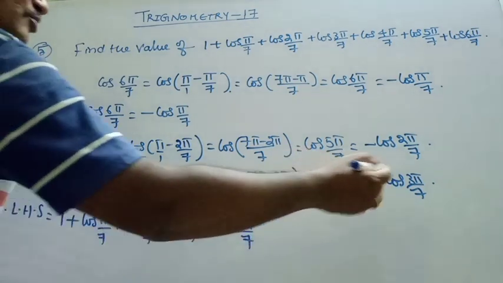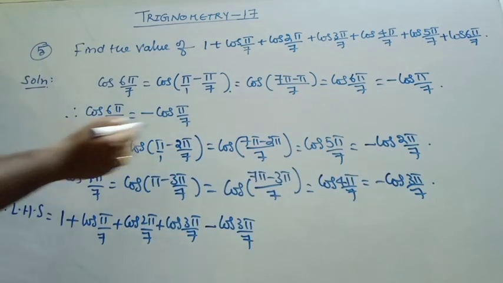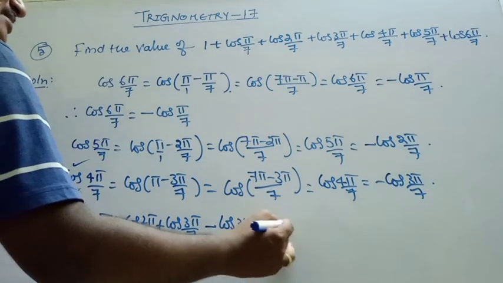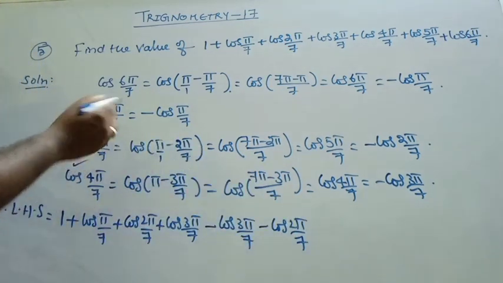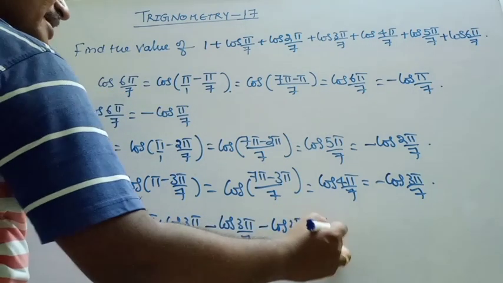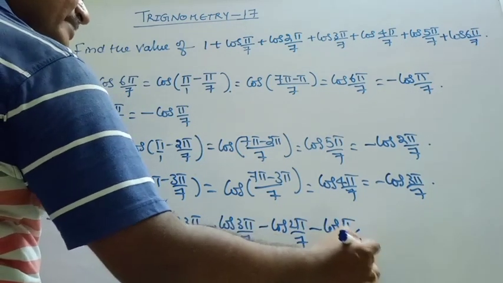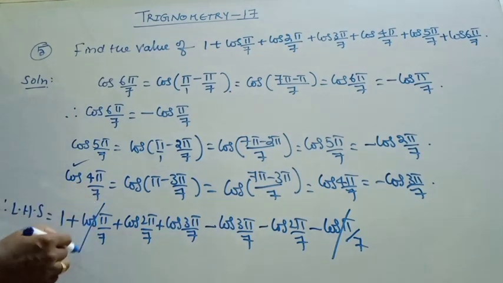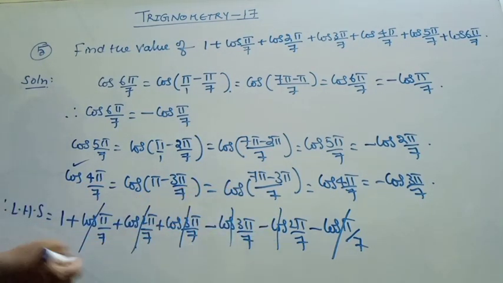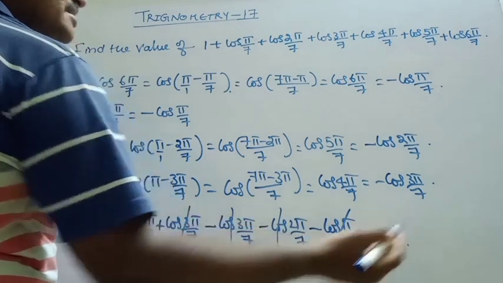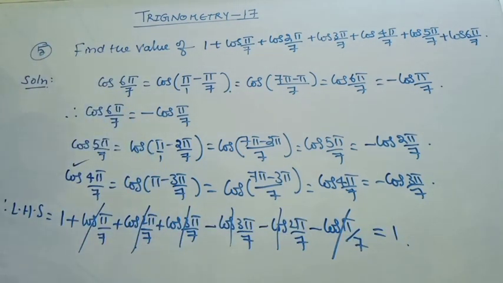And cos 5 pi by 7 is now minus cos 2 pi by 7. And cos 6 pi by 7, now we got it as minus cos pi by 7. These will cancel. Finally, what answer have you got? You got the answer as 1.